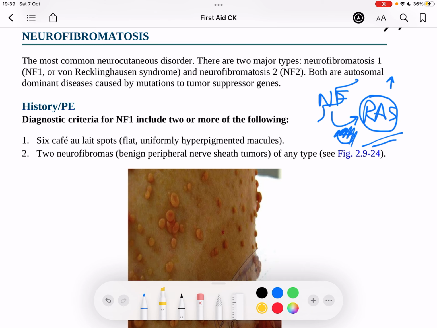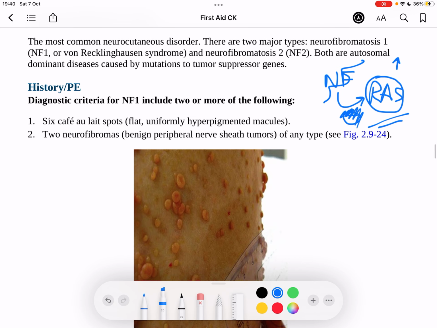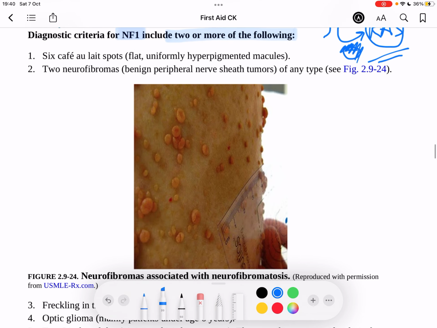So in terms of the history and the presenting complaint, the diagnostic criteria specifically for NF1 is that you need 2 or more of the following. 6 café au lait spots. These are flat, uniform, hyperpigmented macules, meaning they are flat lesions on the skin. Just looking at this picture, that is a macule.